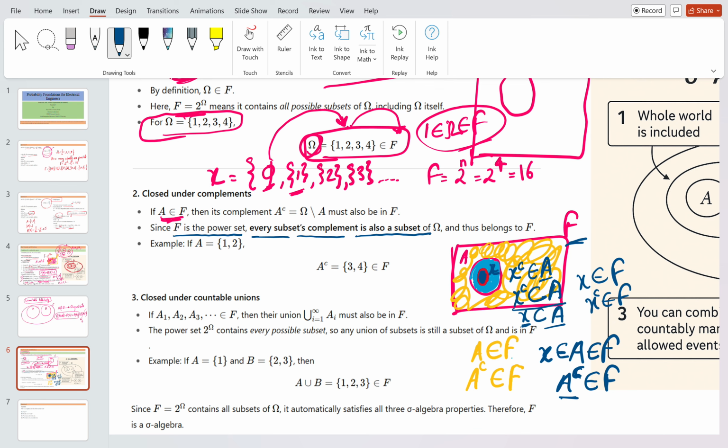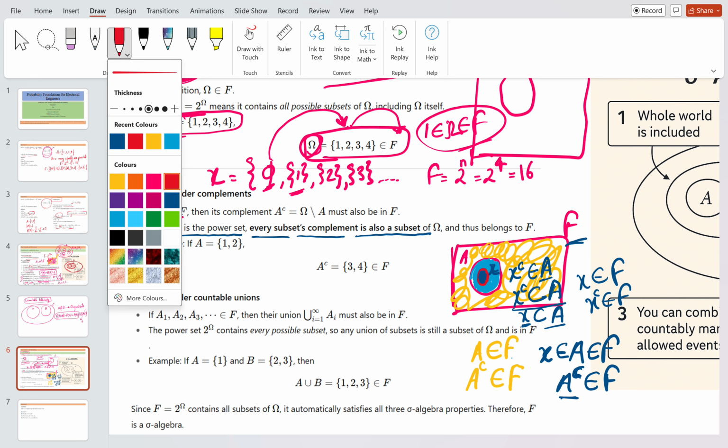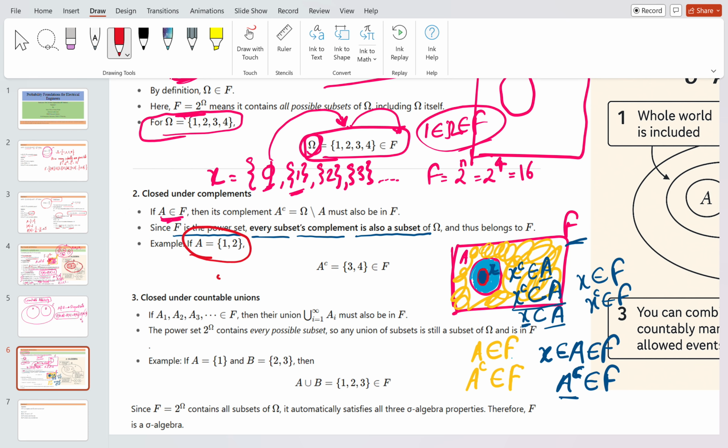Let's take one example. A is a set which has the elements 1, 2, and you already know that omega is 1, 2, 3, 4. So what is the A complement? A complement is 3, 4.